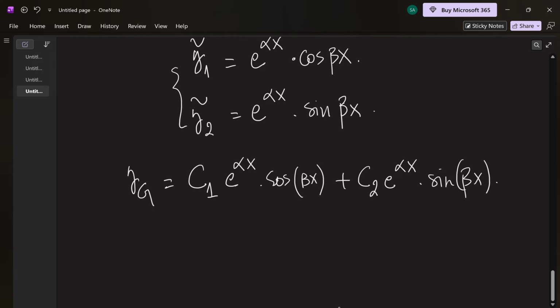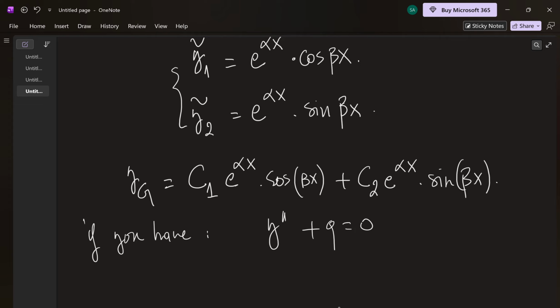If you have an equation of this form, y double prime plus q y is equal to 0, in this case k1 and k2 are purely imaginary, plus or minus i times the square root of q.